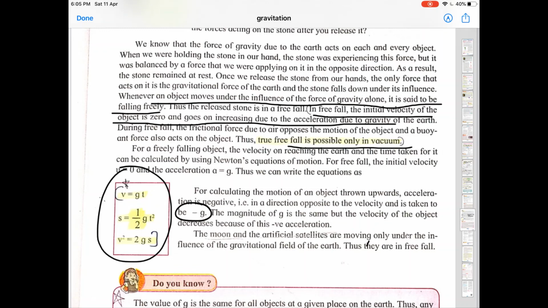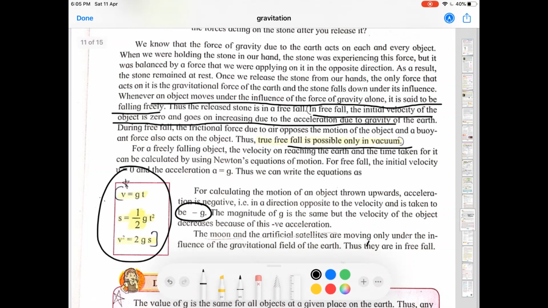Whenever an object is thrown upwards, acceleration is negative, that is in a direction opposite to the velocity. Therefore it is taken as minus g. The magnitude remains the same, but the velocity of the object decreases, and we know when the velocity decreases then there is negative acceleration. Therefore it is minus g.